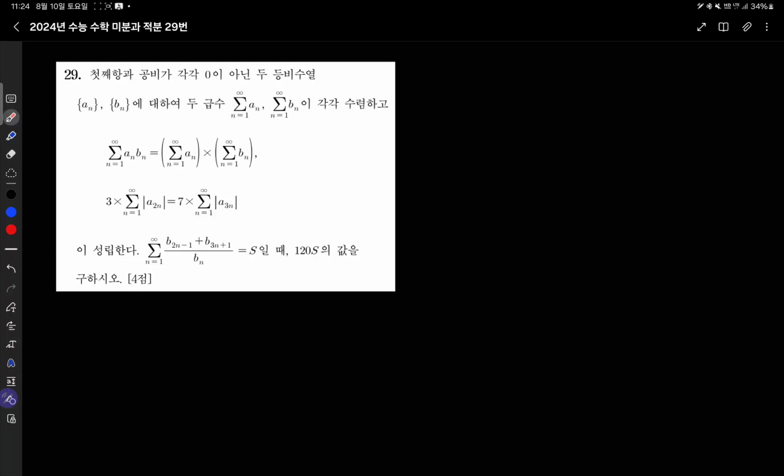So let's say that the first sequence is A times p to the power of n minus 1. And the second sequence is b times q to the power of n minus 1.